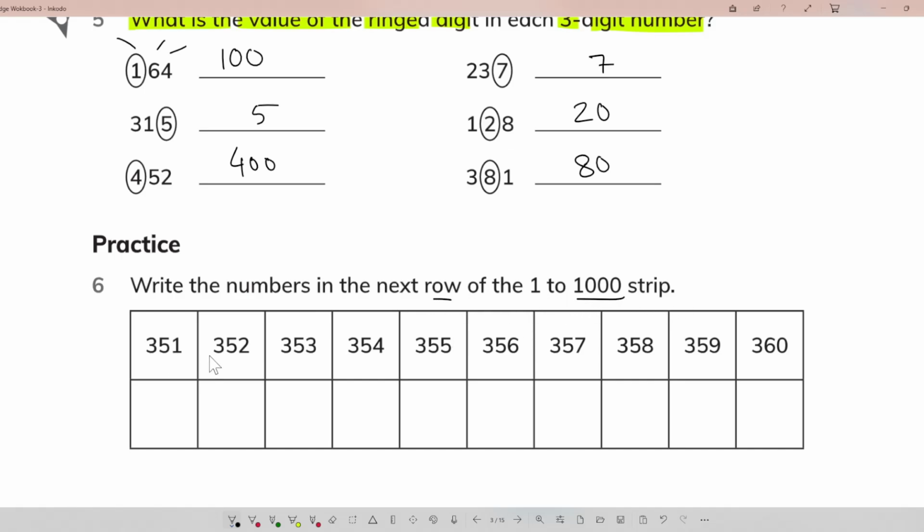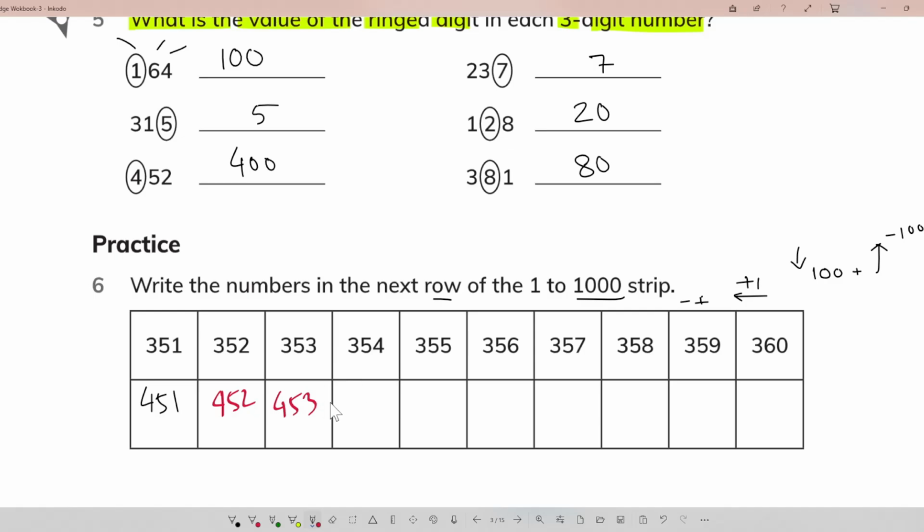So next question, practice. Write the numbers in the next row of the 1 to 1000 strip. So we know once we go one by one to the right side, it will increase by 1, and when we go to the left side, it will decrease by 1, but going down it will increase by 100, and when we go up it will decrease by 100, right? So 351, here should be 451, then here 452, 453.